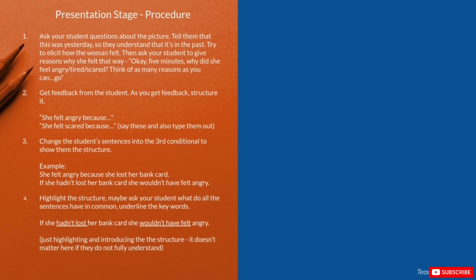So the first thing we said we were going to do is we were going to ask the student how the woman felt. We're trying to get some emotions from them. So the first thing I would do is, as the student is giving you this feedback, we just type it out. That's it, nothing more complicated. Don't get 10 or 20 words from the student. Just limit this to 4 or 5 words. We don't need any more.